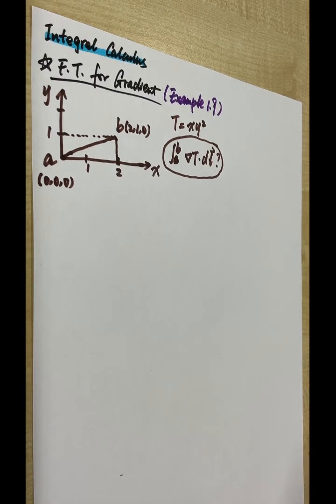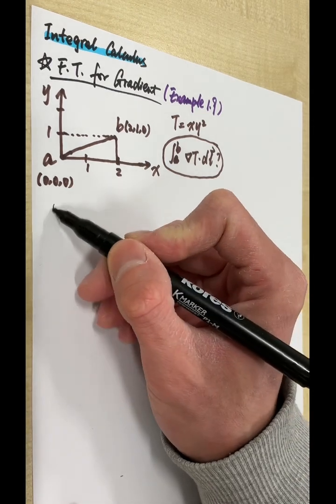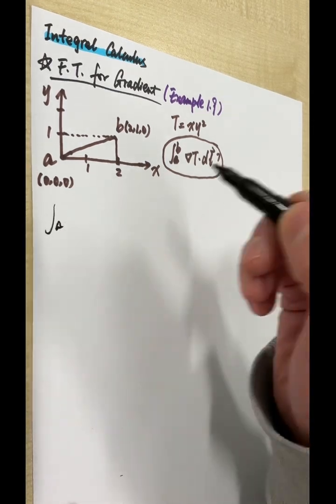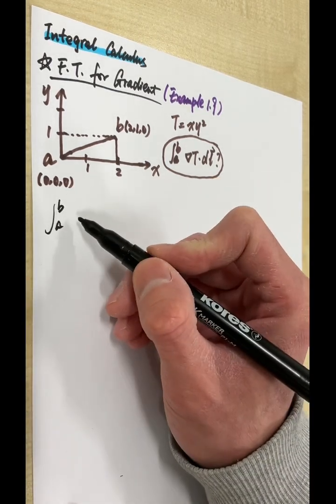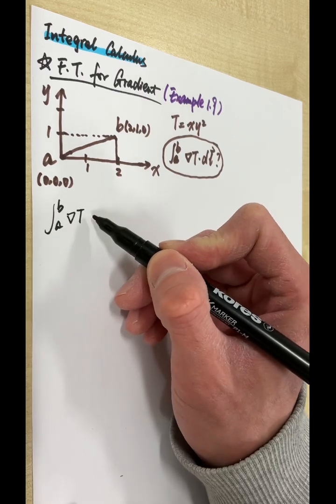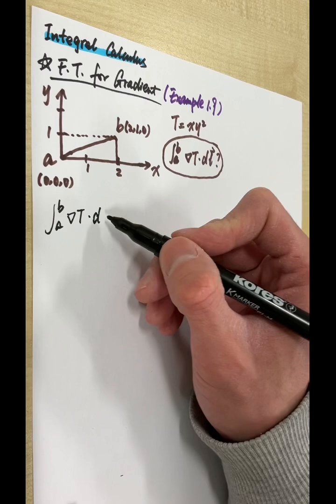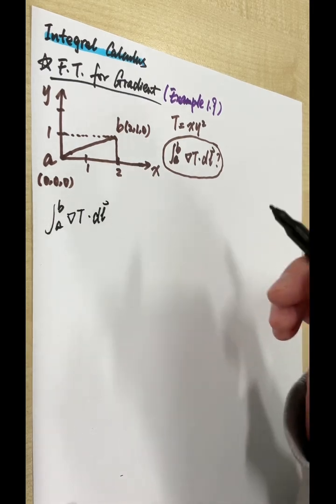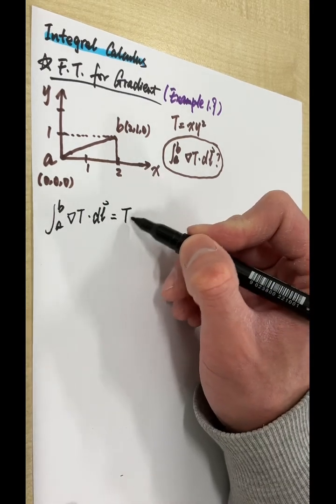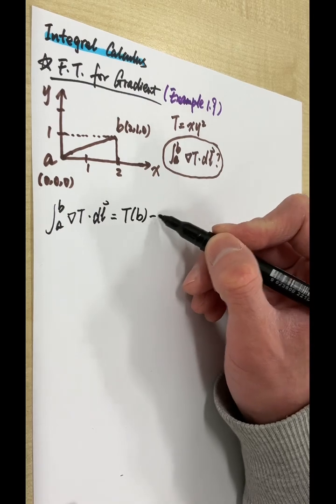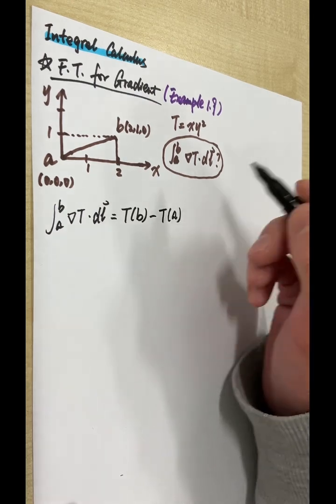If we directly apply the fundamental theorem for gradient, this becomes really easy. The line integral from a to b of the gradient dotted with the infinitesimal vector along the path equals T(b) minus T(a).